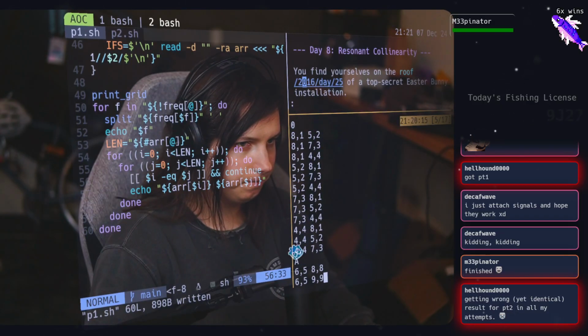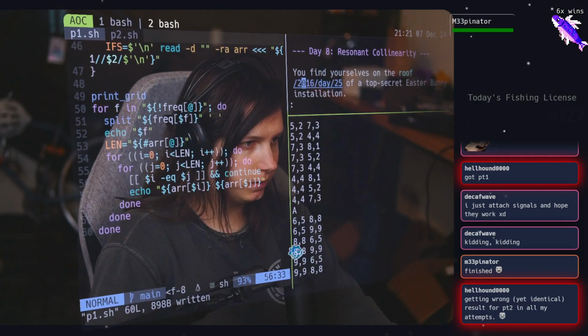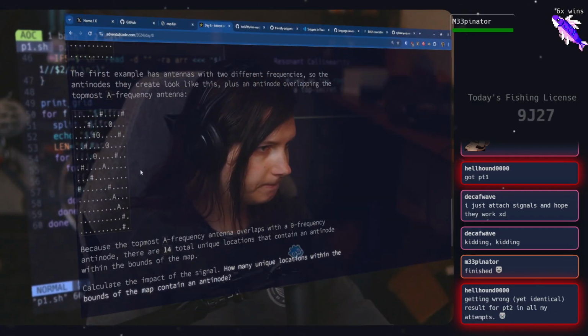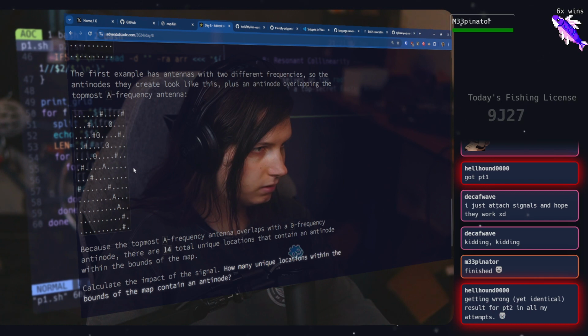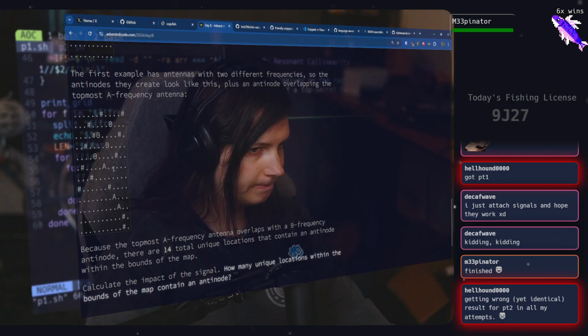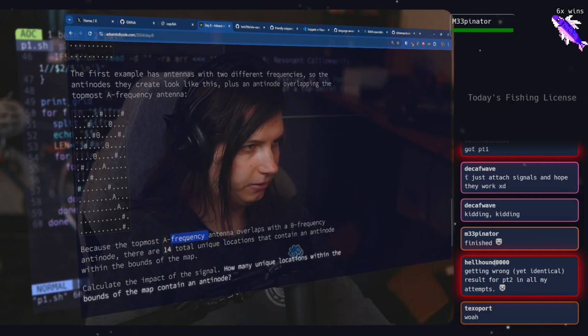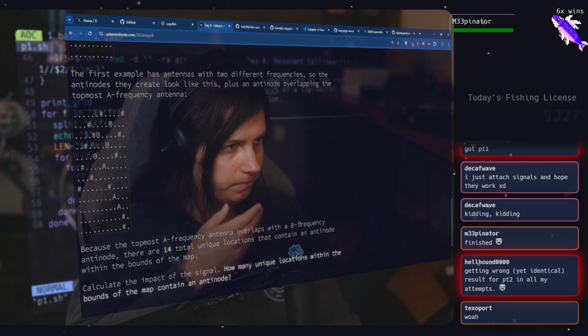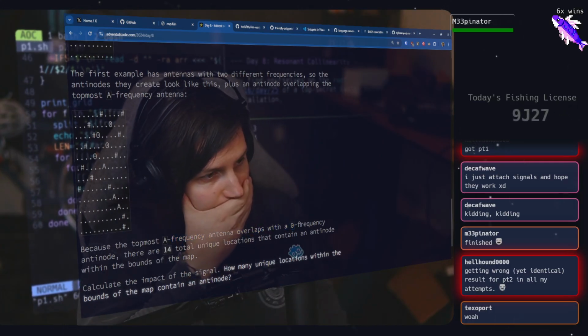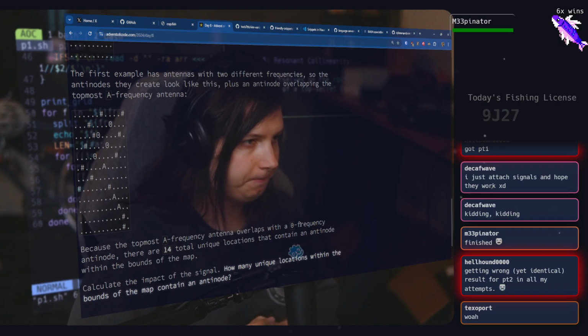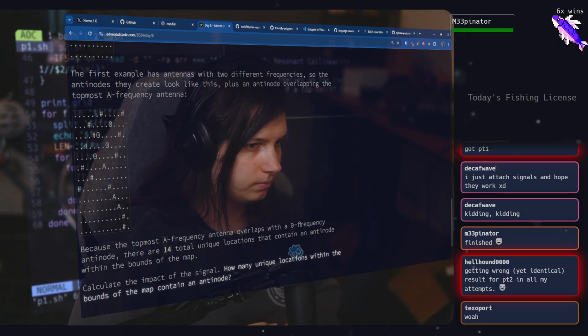I still don't know what the situation is if A and 0 would have one in the same position. Ah, yeah, okay. You do have to dedupe them. But they can overlap. Okay.